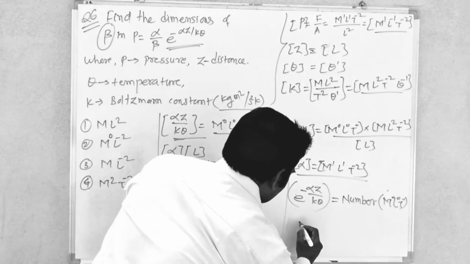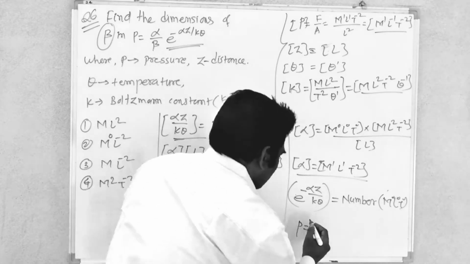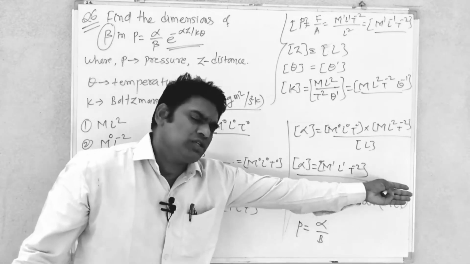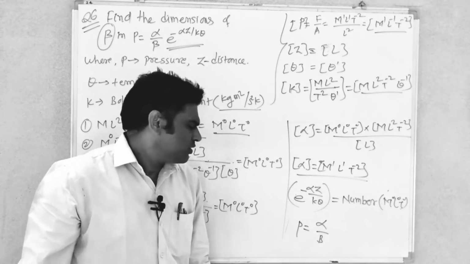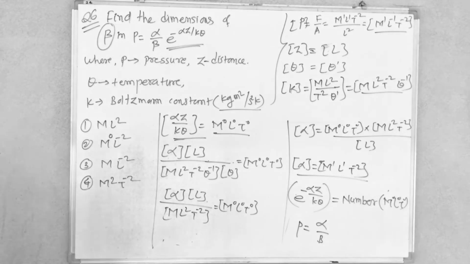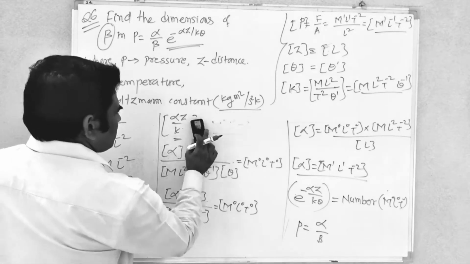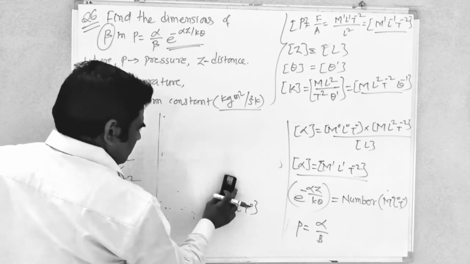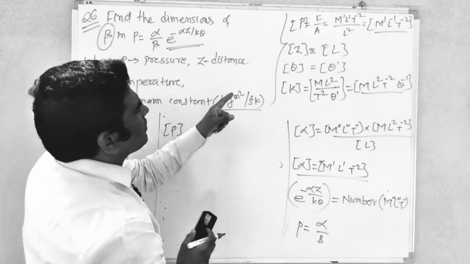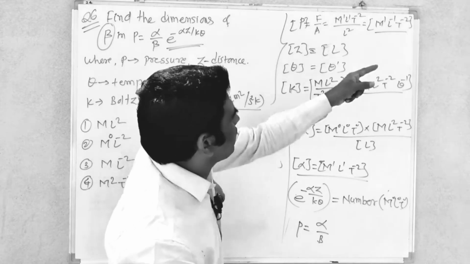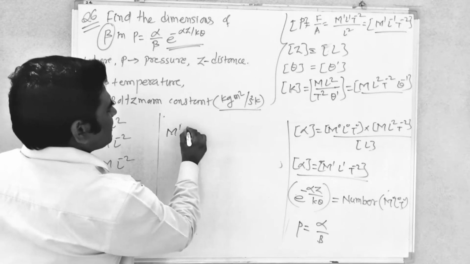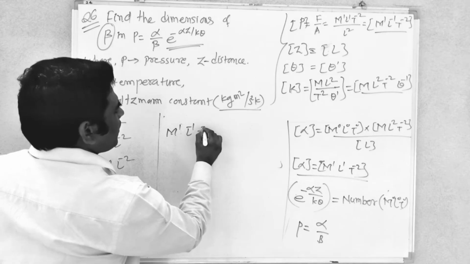Ultimately we are getting P is equal to alpha by beta. From this we can calculate: dimension of P, pressure, we have calculated, is M1 L to the power minus 1 T to the power minus 2.